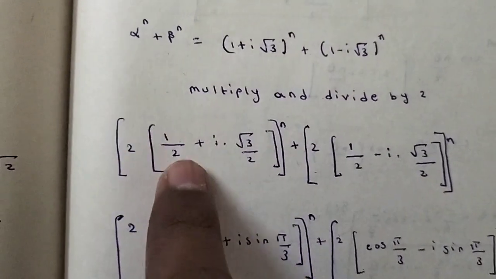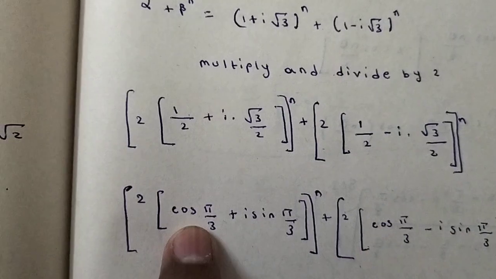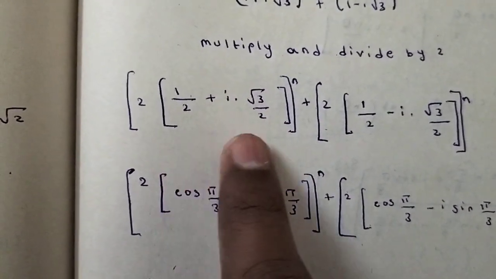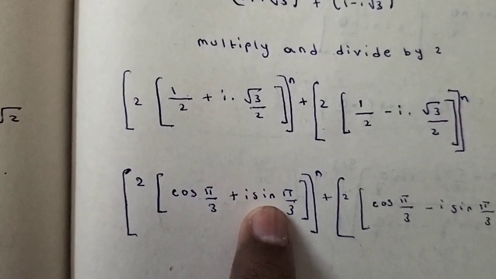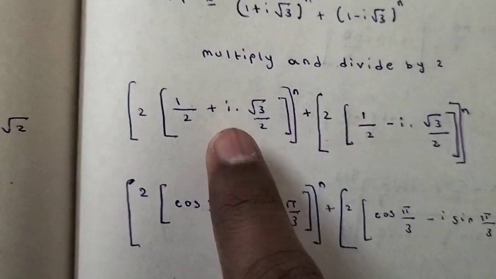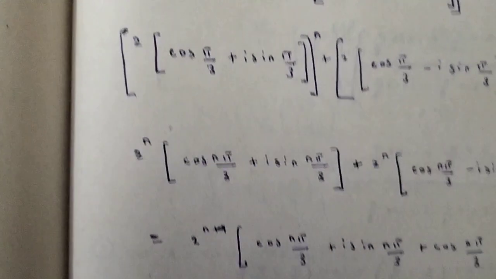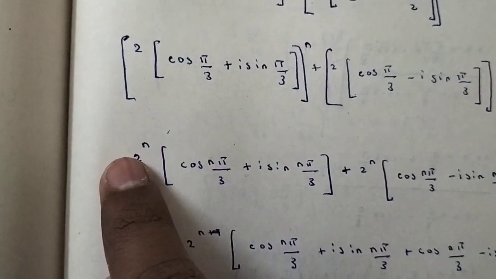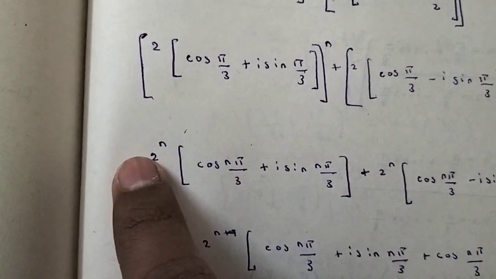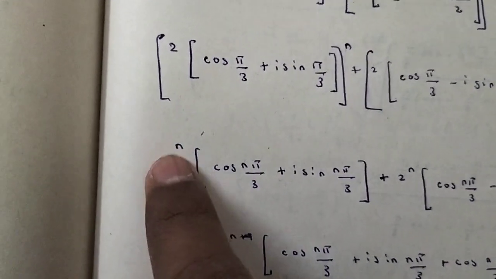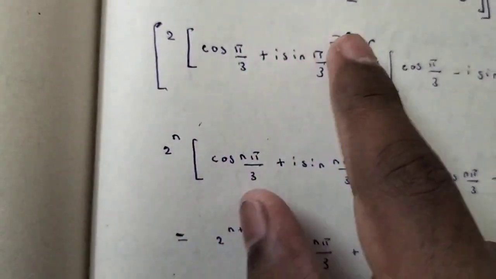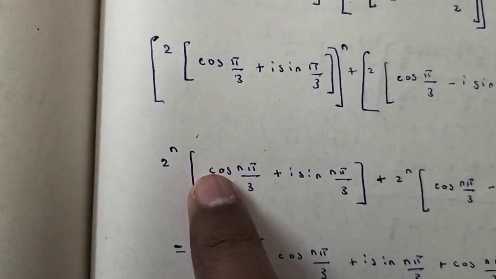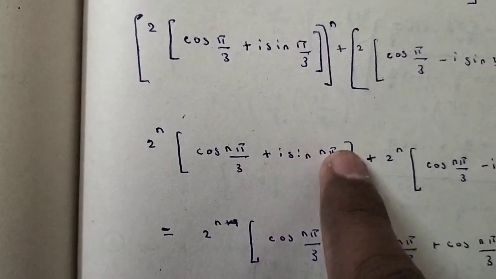So 1 by 2 I wrote as cos pi by 3, and root 3 by 2 is sin pi by 3, and in this case also the same, just a minus symbol difference. In the second case I took this 2 to the power of n to this side, then I got 2 to the power of n, and I brought n onto the angle, so cos n pi by 3 plus i sin n pi by 3.